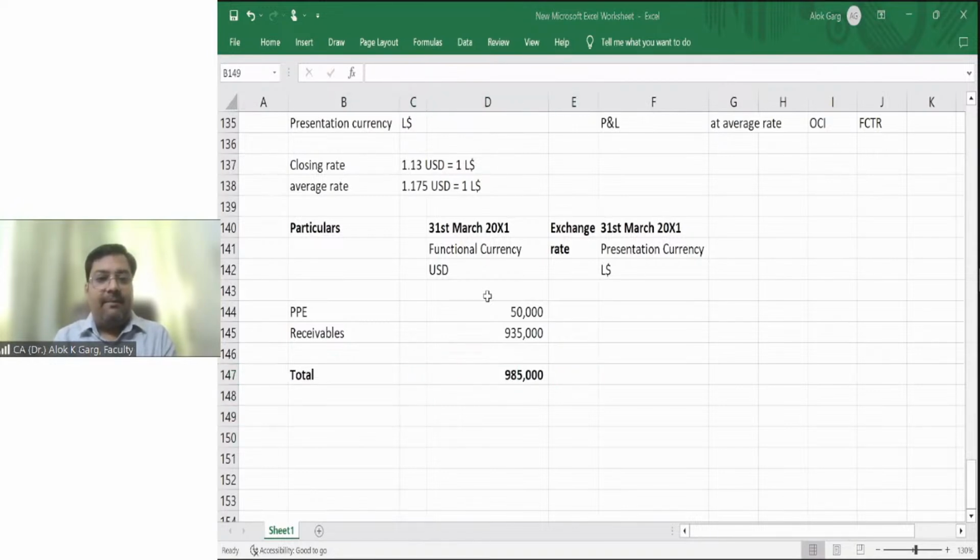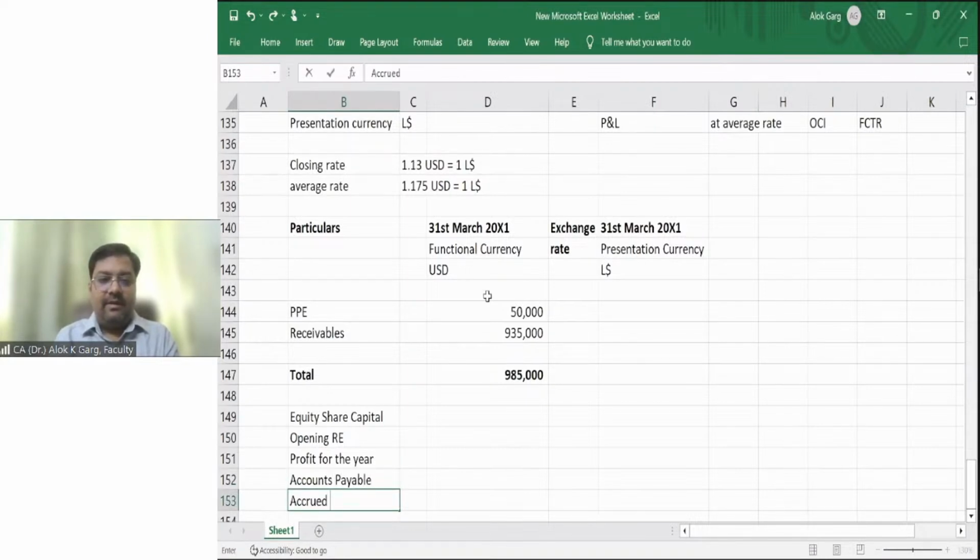Then what is given? Equity share capital is given. Opening retained earnings is given. Profit for the year is given, right? Accounts payable is given. Accrued liability is given, right?